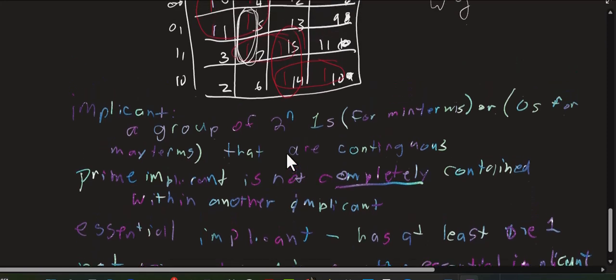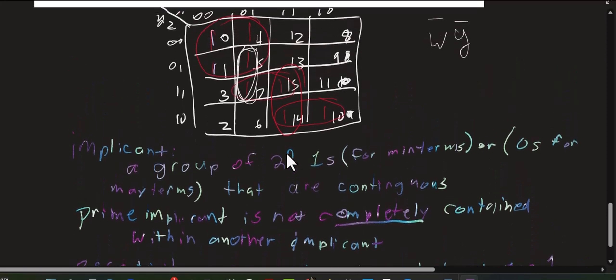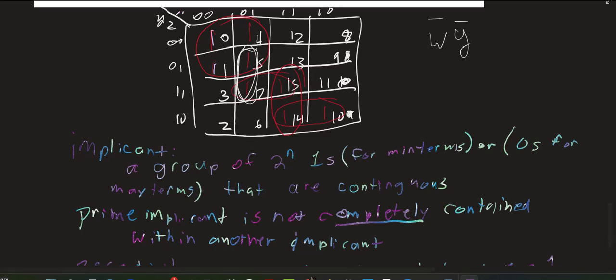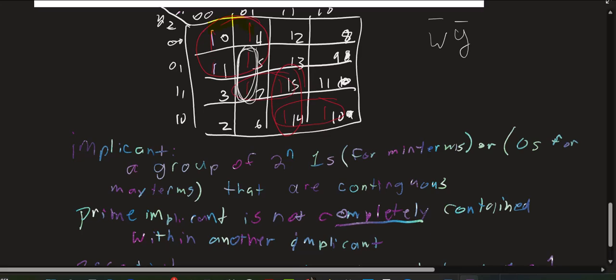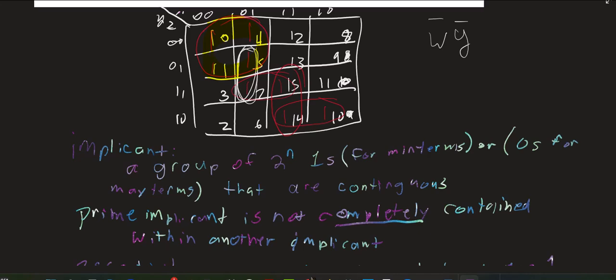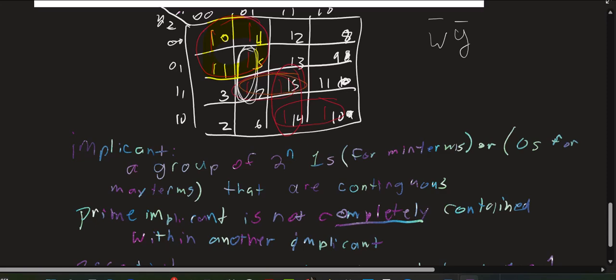So the essential implicants up here were, let's see if you got them. This one. So we did get that one. What else did y'all get? The center horizontal one on 7 and 15, correct?